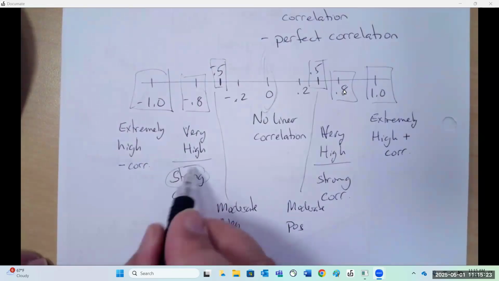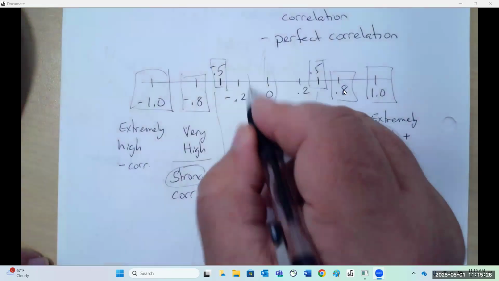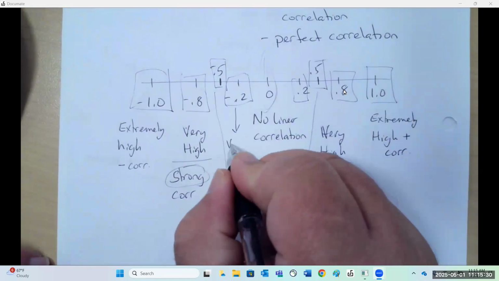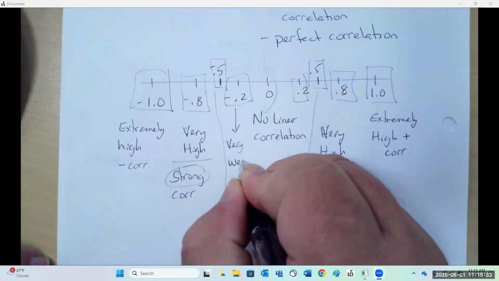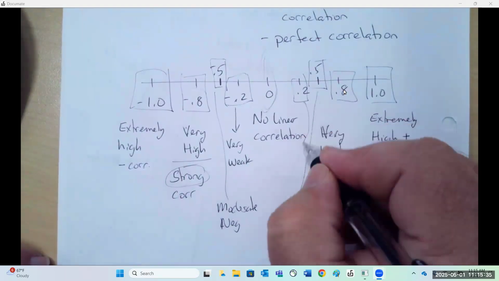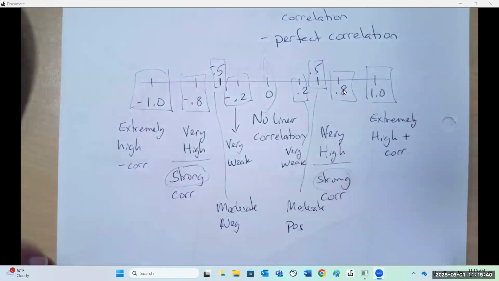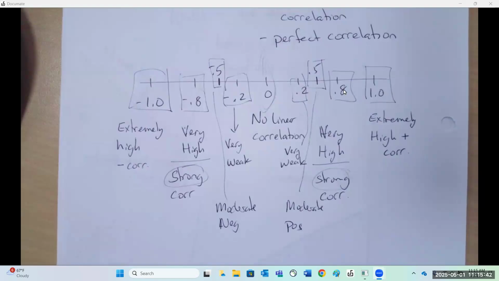Now, if you use strong, then for the inside ones, we use very weak linear correlation. So again, it's how you define and describe it yourself. Whenever you make a statement with respect to what your R values are, you have to put the reason behind it.